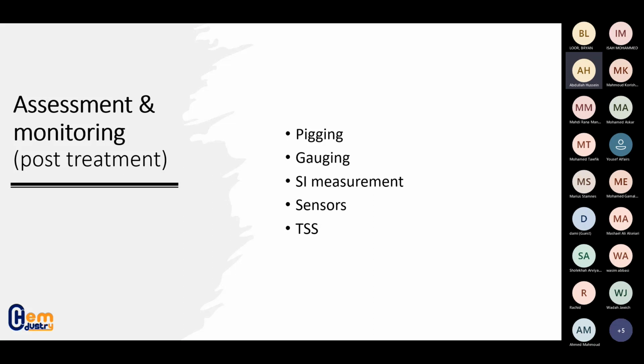And then after this, you also can use some sensors. And again, you can use the total suspended solid method or the bulk scale analysis. Again, this is a very effective and very efficient one.